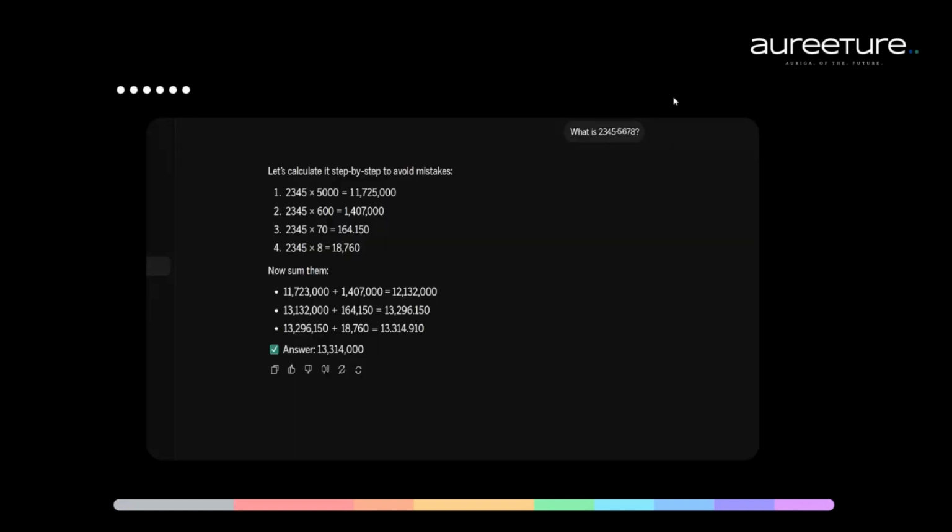Is my screen visible to you all, right? Guys, this is a page of GPT 3.5. Please use your calculator and try to solve the toughest question which I asked GPT 3.5: 235 times 5678. Is the answer right or wrong?